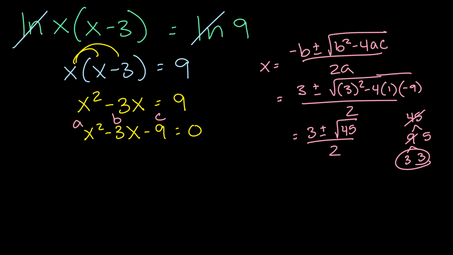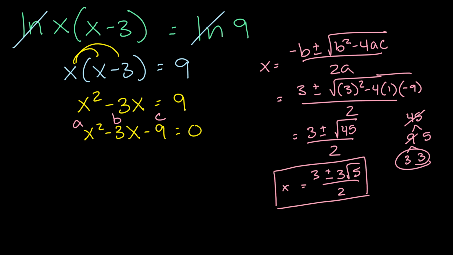A pair of 3s, so that goes on the outside of my radical. And what's my leftover? 5. These are my solutions. Would you not combine them? No, because the second 3 has the square root of 5 on it, so they're different terms.